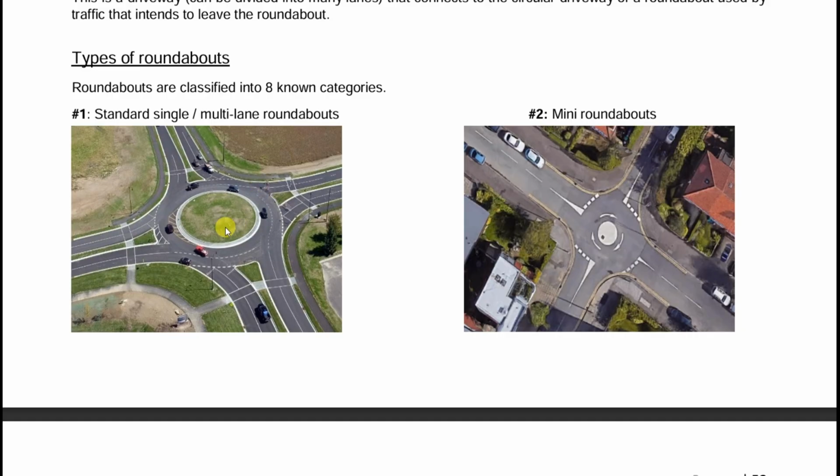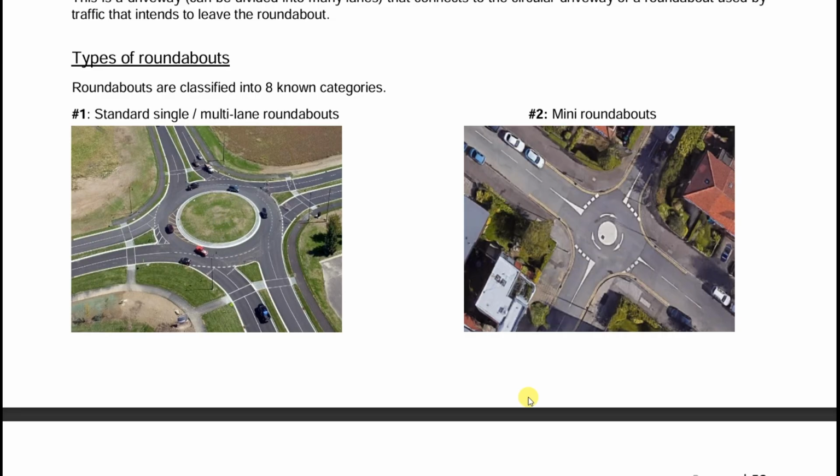Now the difference between a standard single lane roundabout and a standard multi-lane roundabout may come in terms of size. Obviously, a standard multi-lane roundabout is much bigger than a standard single-lane roundabout because it handles more traffic than the other. So that is it for the first category.